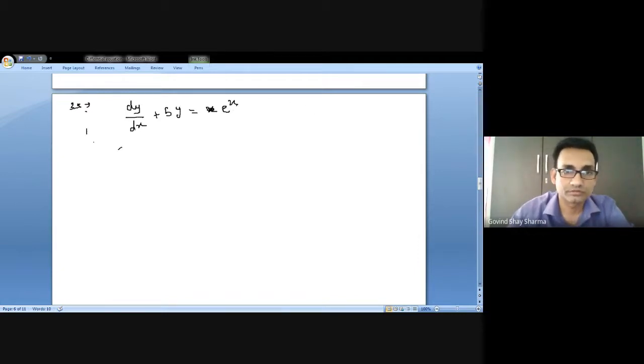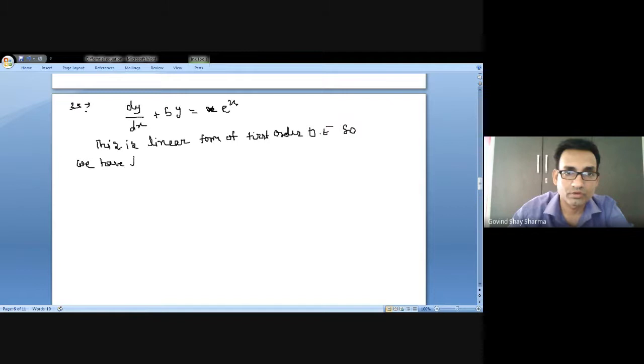Here this is the linear form of first order differential equation. So we have to calculate the integrating factor.